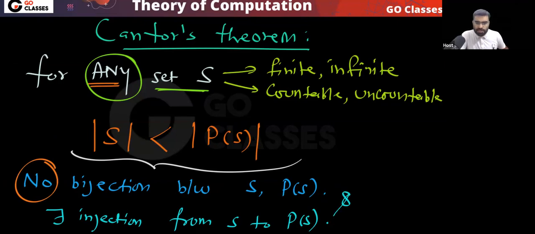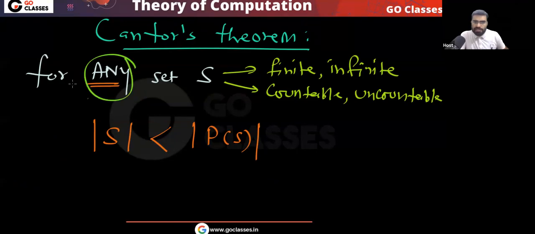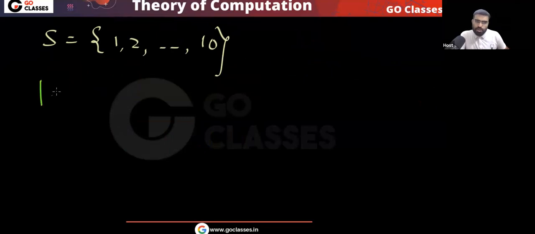So this is what Cantor's theorem says. This is the statement: for any set S, whatever set you take, finite or infinite, this will always happen. For example, let's assume you take the set up to 10. Is Cantor's theorem true for this set also? Yes. The cardinality of S is 10, which is strictly less than the cardinality of P(S).